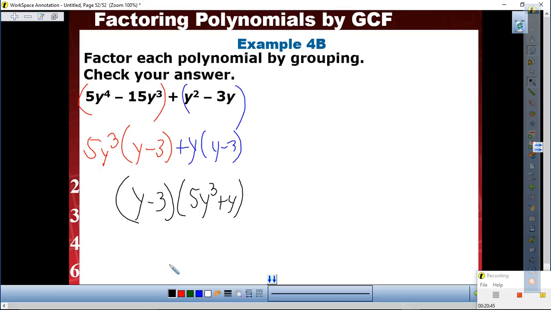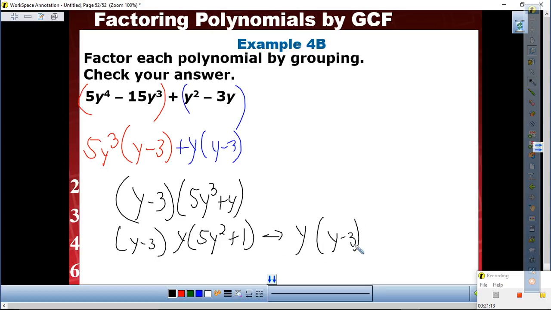However, look at this one. Can we factor out another here? Yes, a y. And we're left with 5y squared plus 1 times y minus 3. So my factors are y times y minus 3 times 5y squared plus 1.